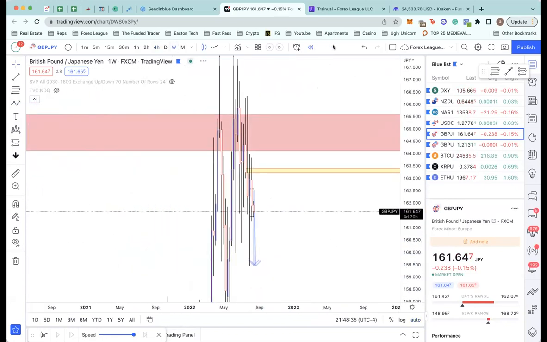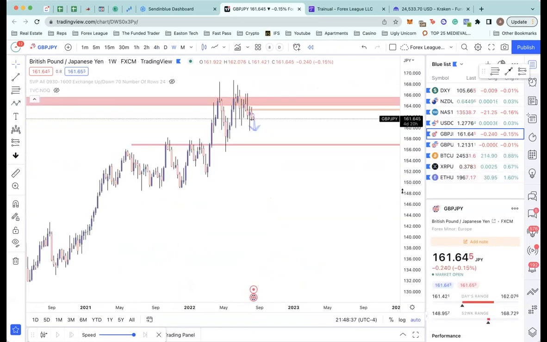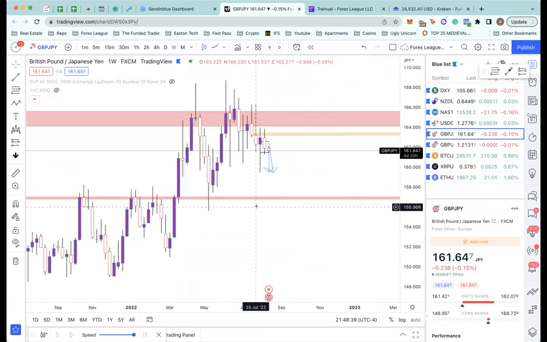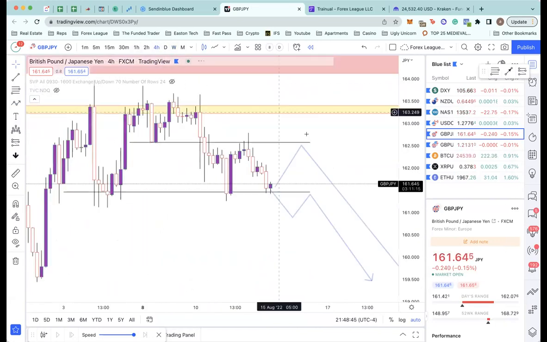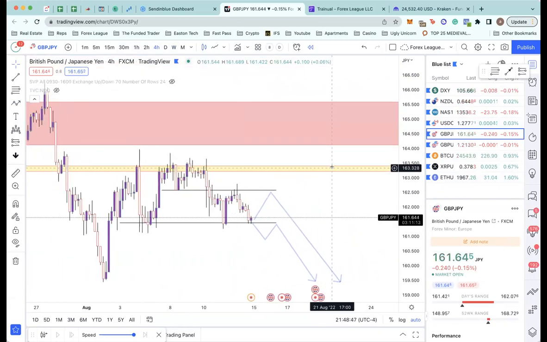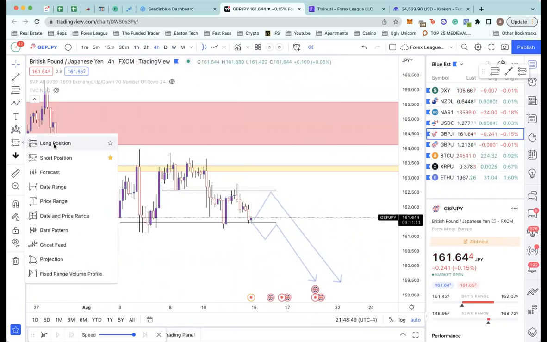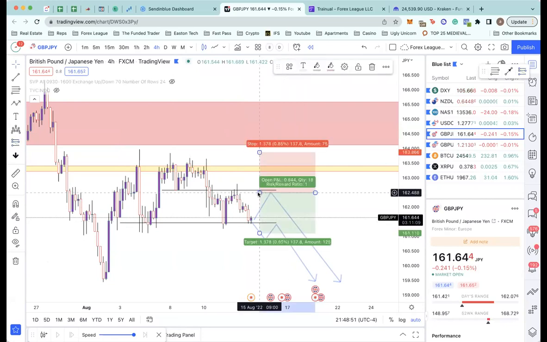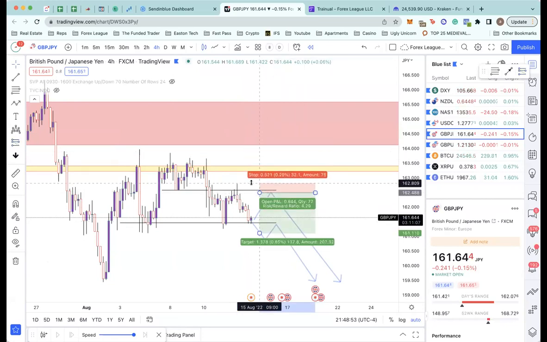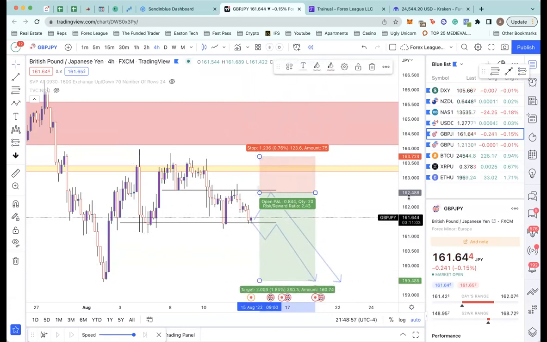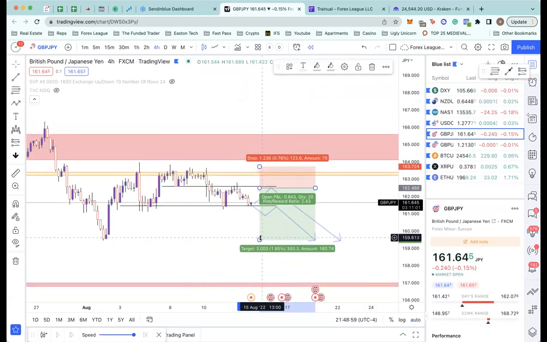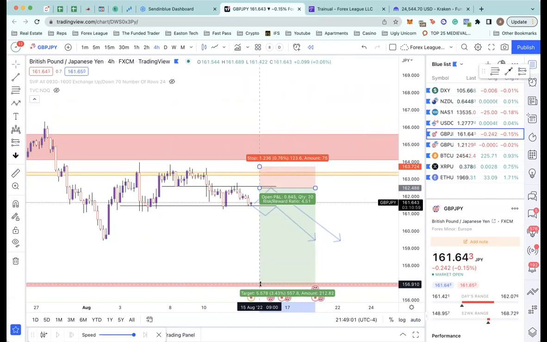Coming back up to the weekly, we can see the next resistance zone is all the way down here, this previous high. So there is a lot of room for this thing to fall to the downside. Obviously, if this trade did make it up into this area and we put stops either here or even here, then we've got our first target right there, and ultimately this would actually be the best target down here.